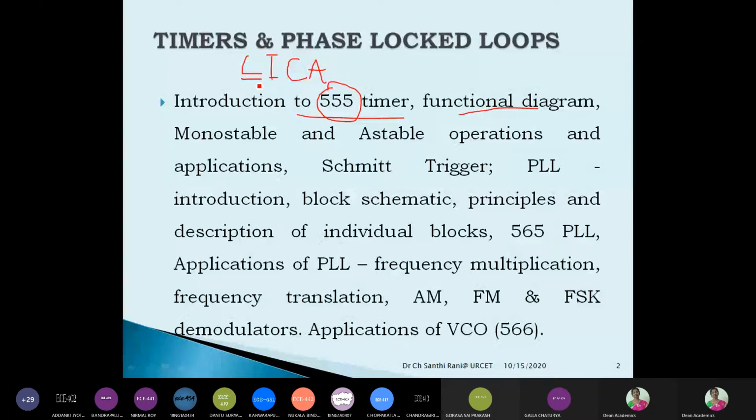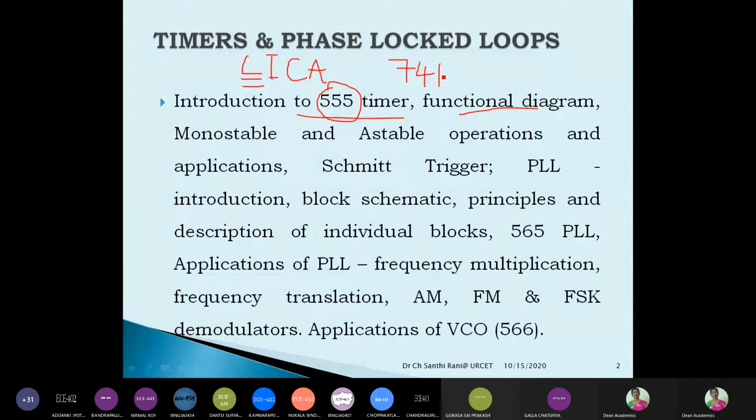Till now we have studied a linear IC, the 741. We have dedicated so many units to IC 741. In Unit 1, the internal diagram of IC 741, that means the differential amplifiers used in designing the op-amp, one complete unit.